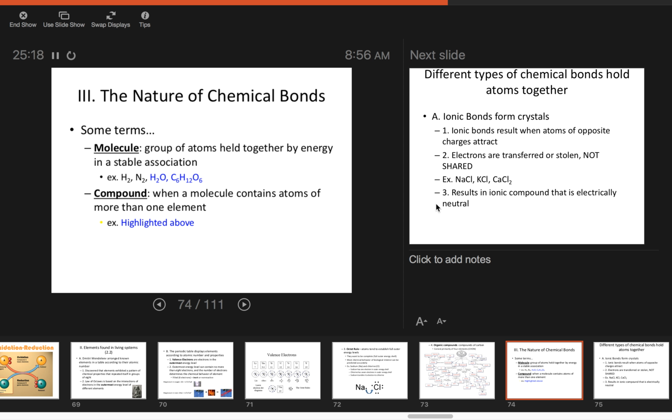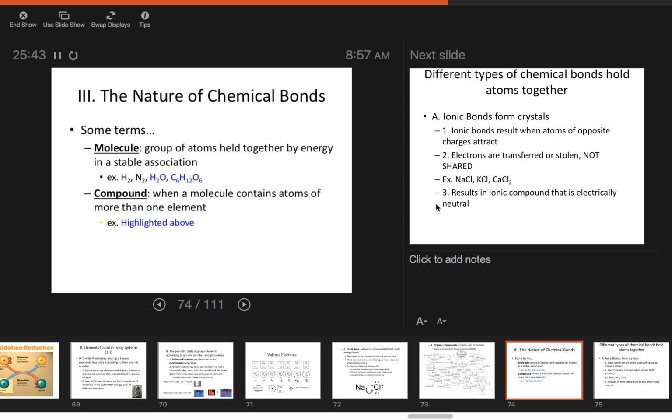So a molecule is just a group of atoms held together in a stable association. It could be hydrogen gas, nitrogen gas, water, or sugar. A compound means that the molecule contains atoms of more than one element, and it's got to be different. So hydrogen gas is not considered a compound because it doesn't consist of two or more different elements. It's the same. So this would be just a molecule.